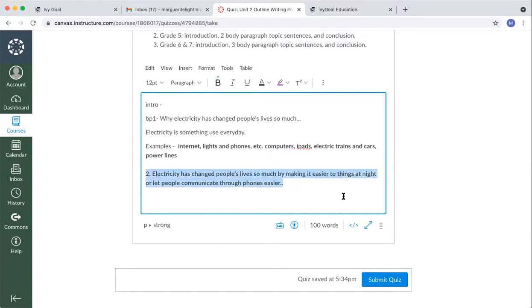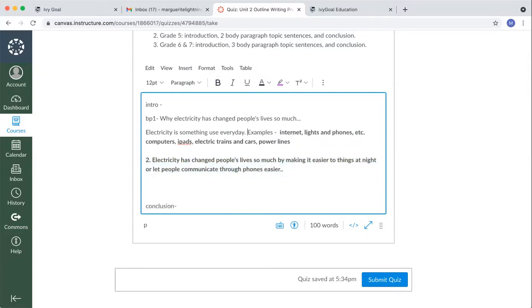Okay, who thinks they can summarize number 2 for me? I think I can. Okay, go ahead, Nina. So electricity artistically changed people's lives because it makes it easier to see things at night and to let people talk through phones.